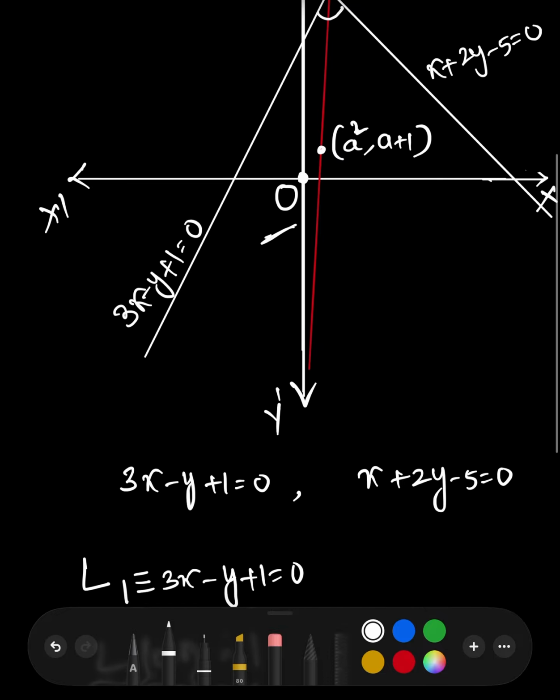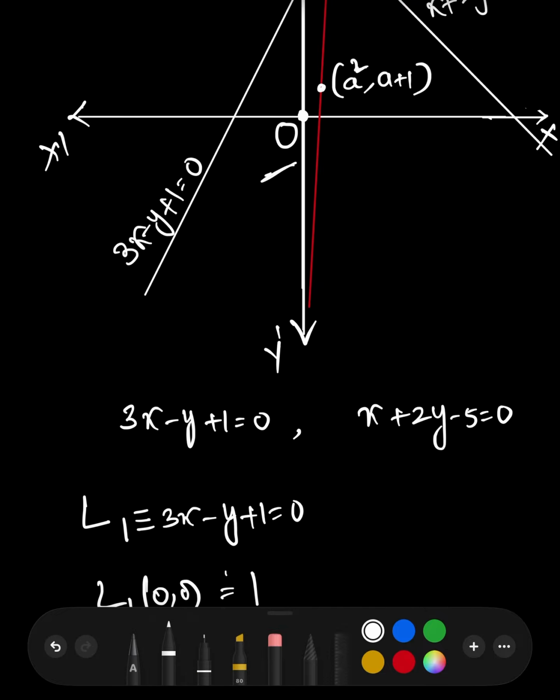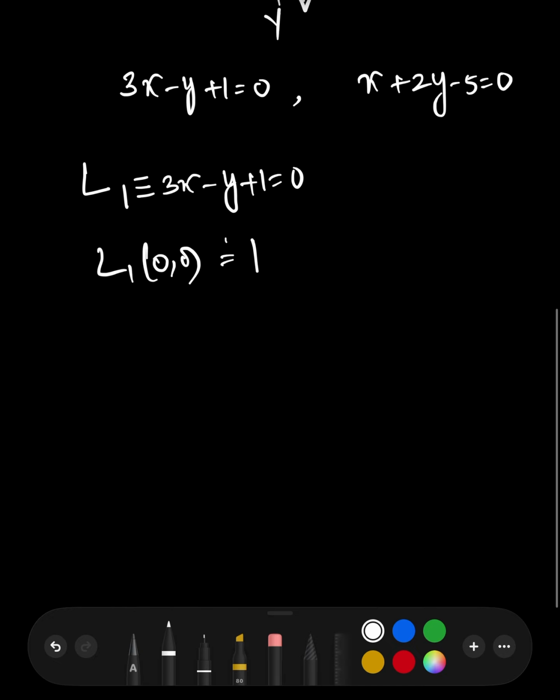So L1 of (0, 0) is greater than 0, and clearly L1 of (a square, a plus 1) is also greater than 0.